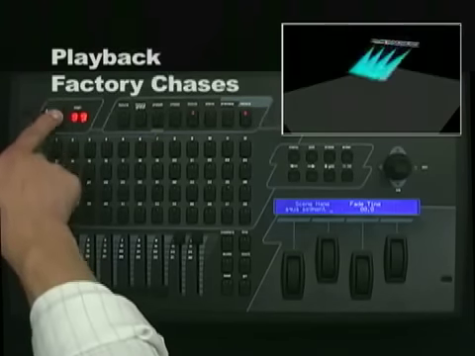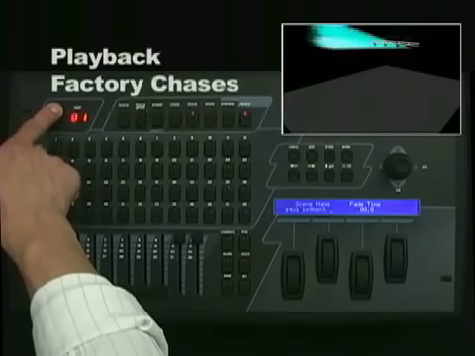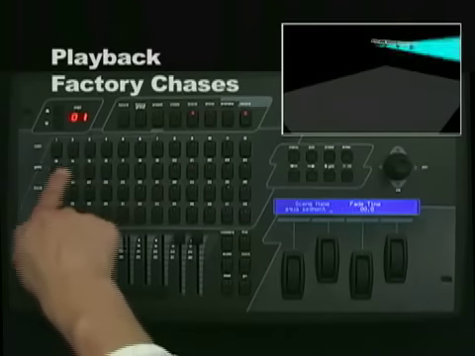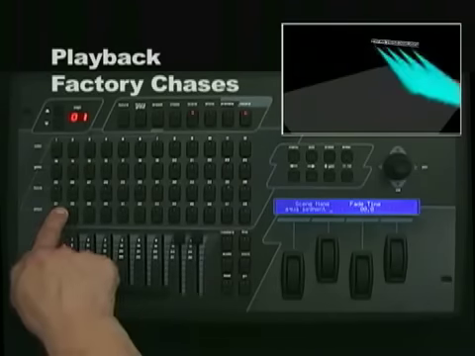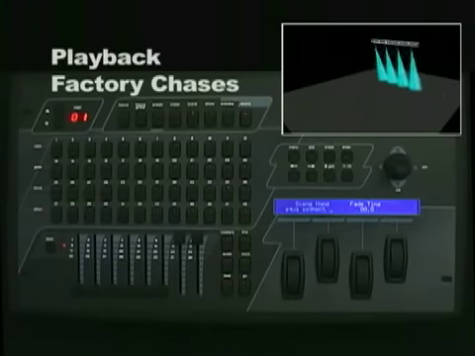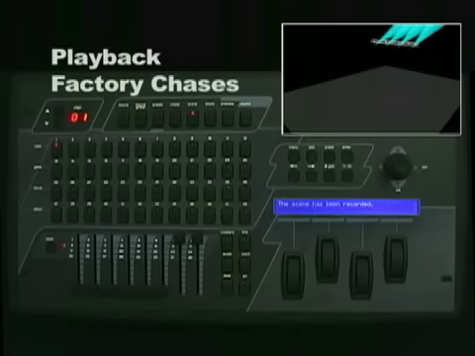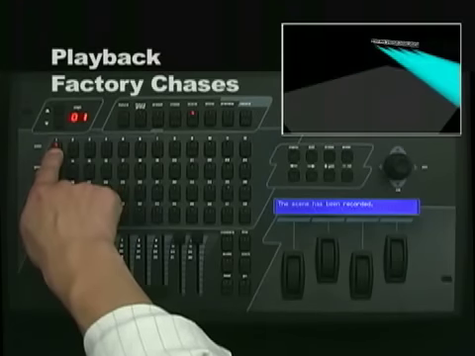Then use the up and down page buttons to select your desired scene page. There are currently no scenes recorded as indicated by the LEDs not being lit. We'll store our scene at button number 1. The scene has been recorded as indicated with the lit LED.